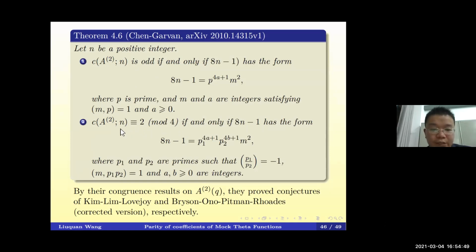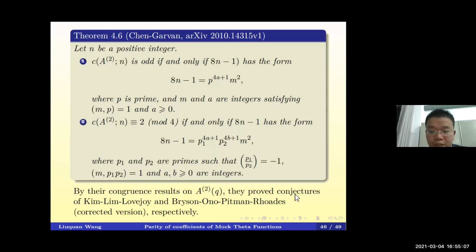They show that the nth coefficient of A of Q is congruent to 2 modulo 4 if and only if Hm minus 1 has this kind of form. And by using this theorem, they actually proved two conjectures in the literature.